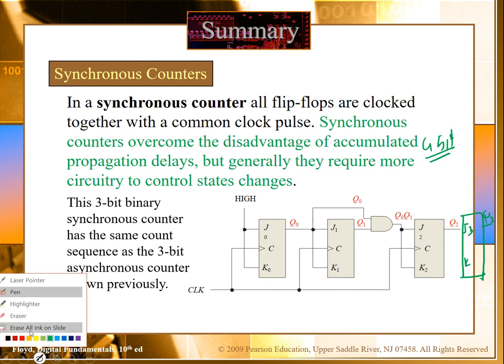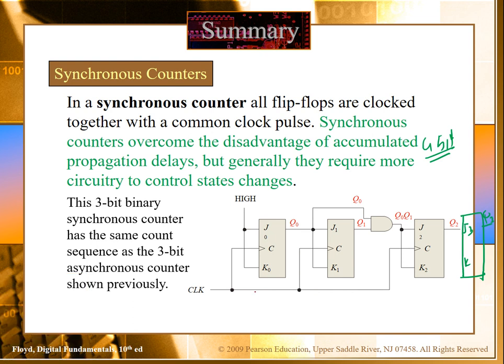Now if you follow the logic here: this is the LSB, the first flip-flop, coming from the last one. The next flip-flop takes the AND of the last 2 stages. J3, K3 will be the AND of the last 3 stages, that is we get Q0, Q1 and Q2 and we AND all of them.